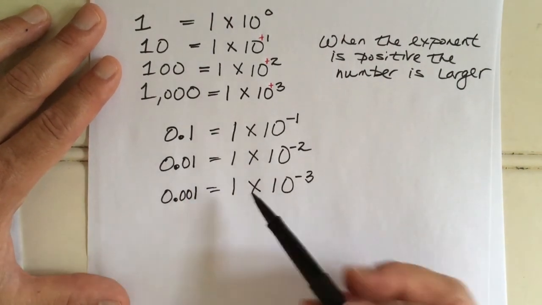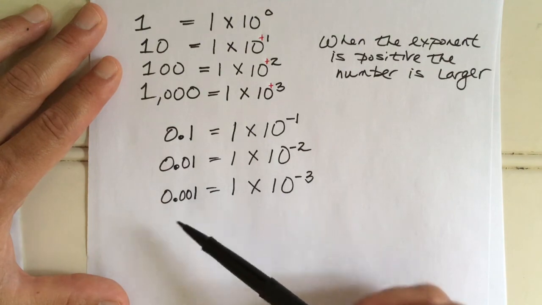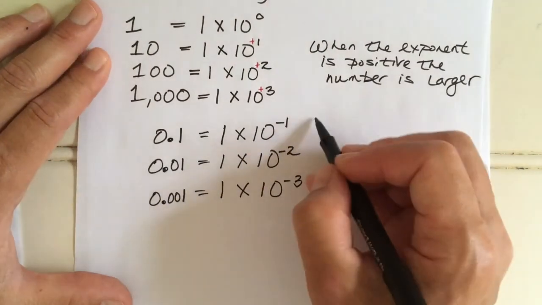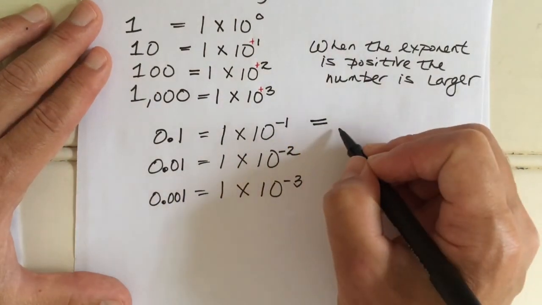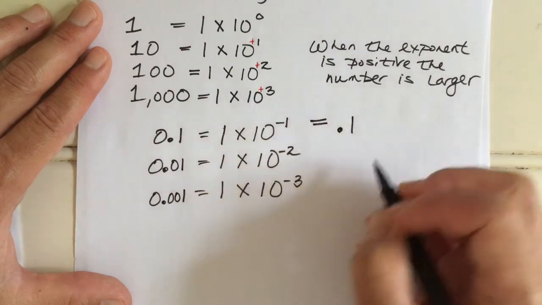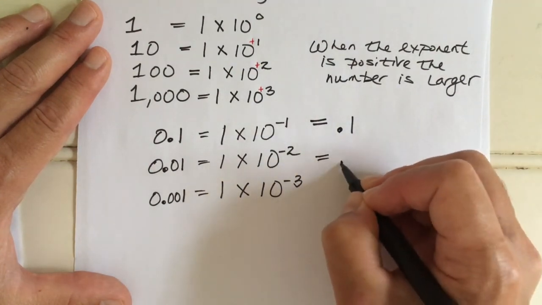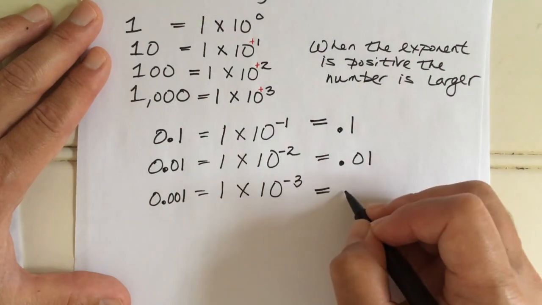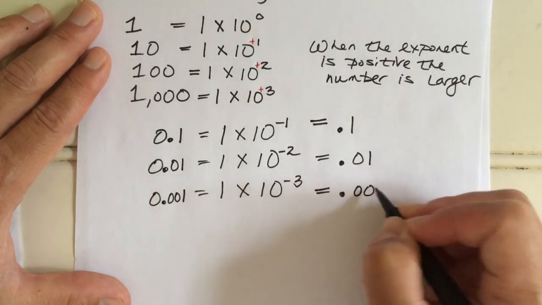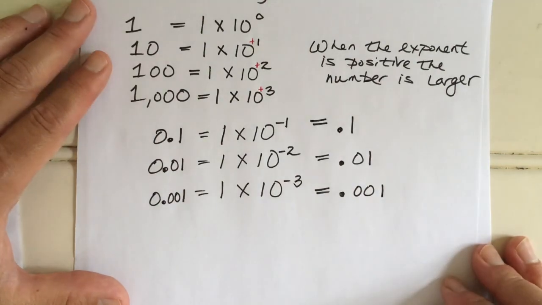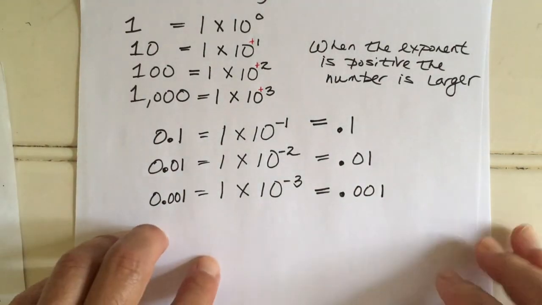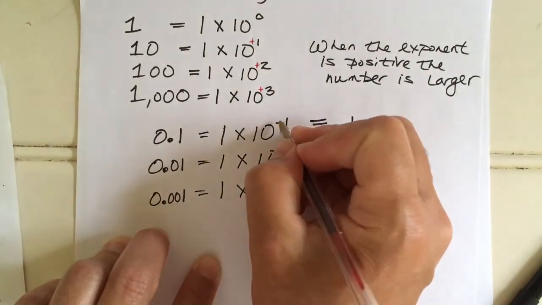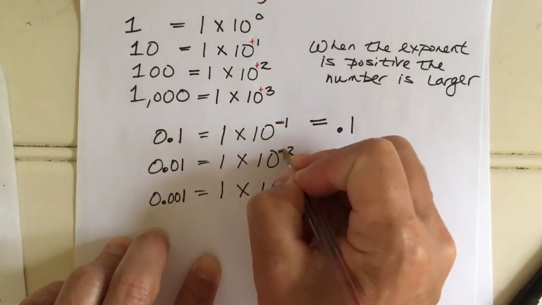And you don't have to write that 0 out front, right? So what I'm trying to say there is this could also be just written as equal to .1, this could be equal to .01, this could also be equal to .001.